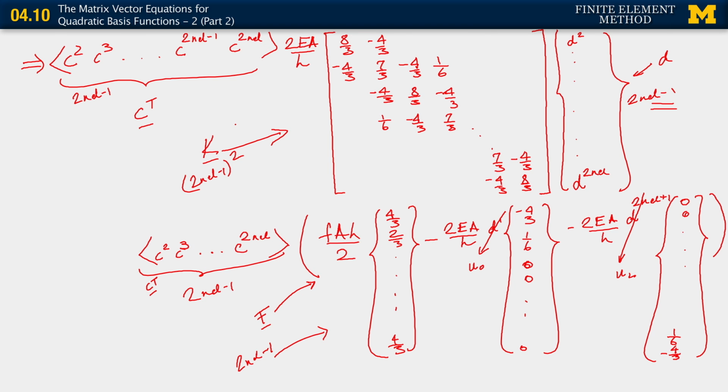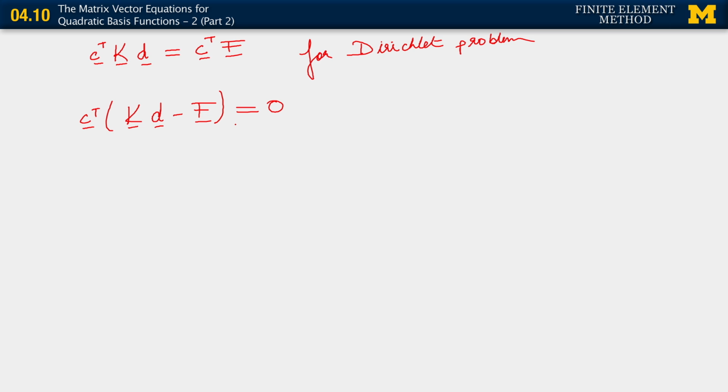My question is, when we come down to this final version of the weak form, whether for the Dirichlet problem or the Dirichlet-Neumann problem, where can we see a term that represents the weak form? It is C transpose, or the C vector, because that contains the degrees of freedom which are going to be interpolated to form the actual weighting function field. They'll be interpolated using the basis functions.